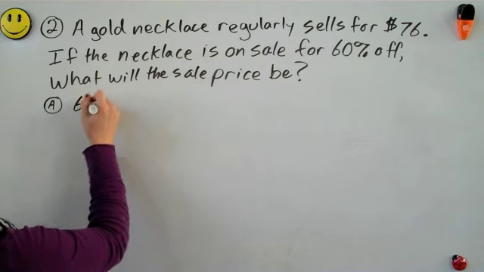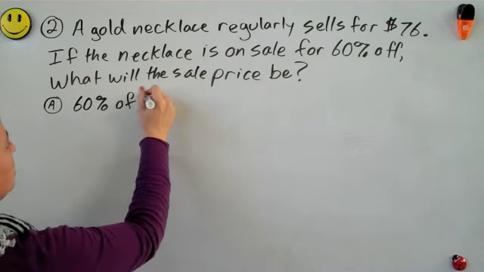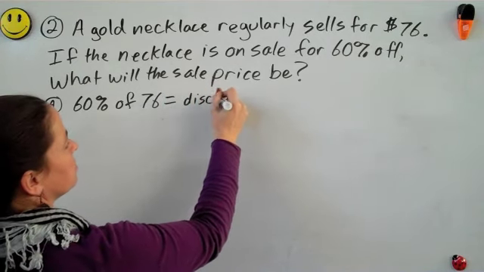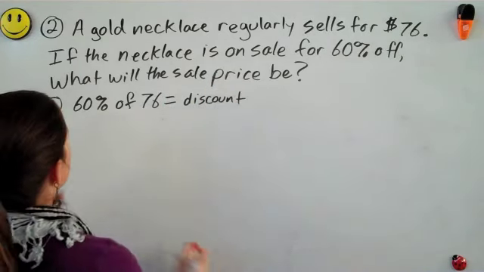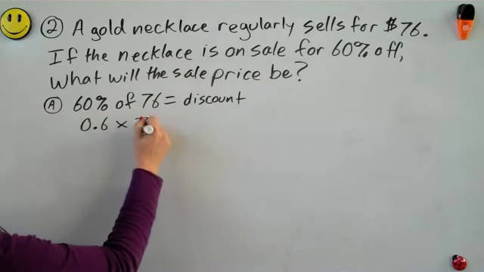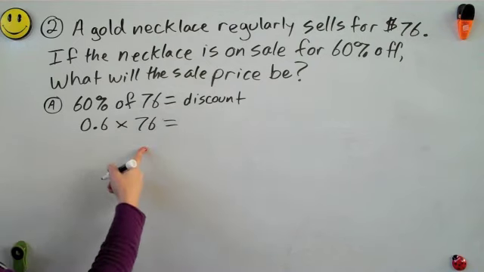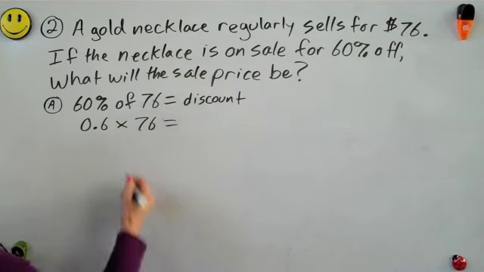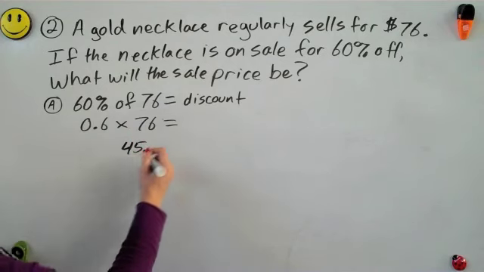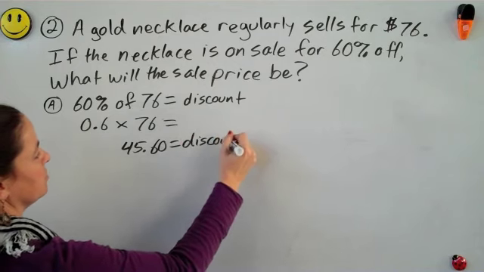So I'm going to do 60% times the $76 and get my discount. 60% is the same as 0.6, multiplied by 76. If I multiply this out, I will end up with $45.60, and that is my discount.